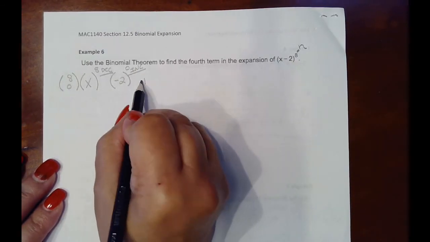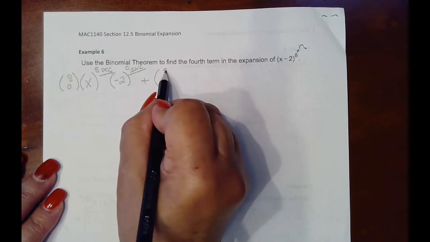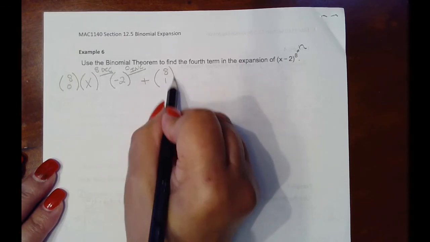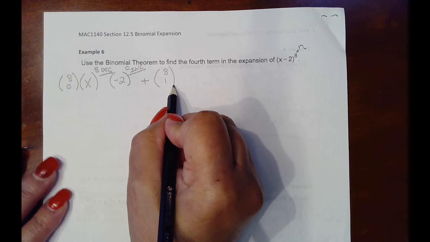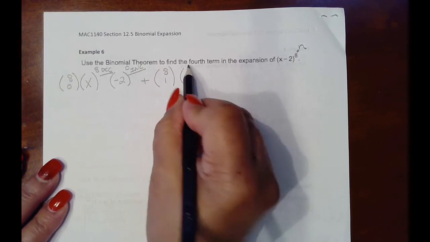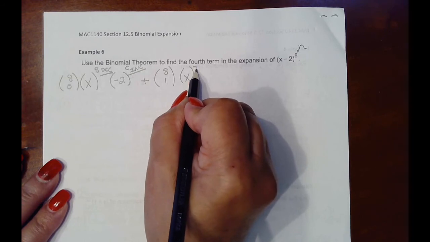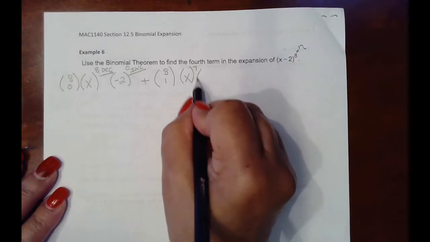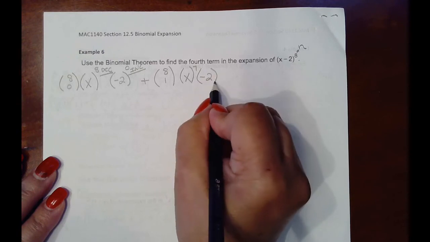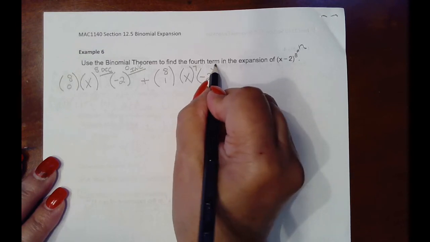Okay, going on to the second term, where instead of 8 over 0, we're climbing up to 8 over 1 with our combinations formula. The x term would be decreasing in its exponent to 7, whereas the -2 would be increasing in its exponent to 1.